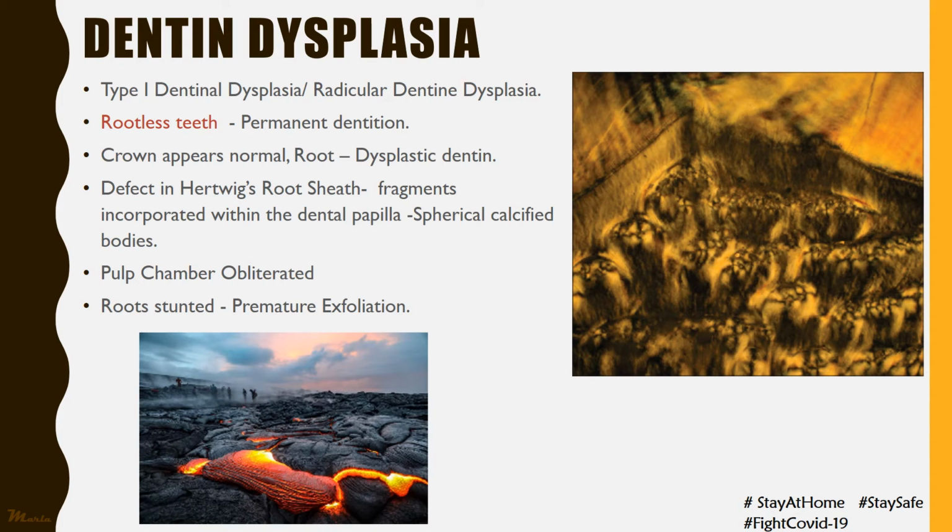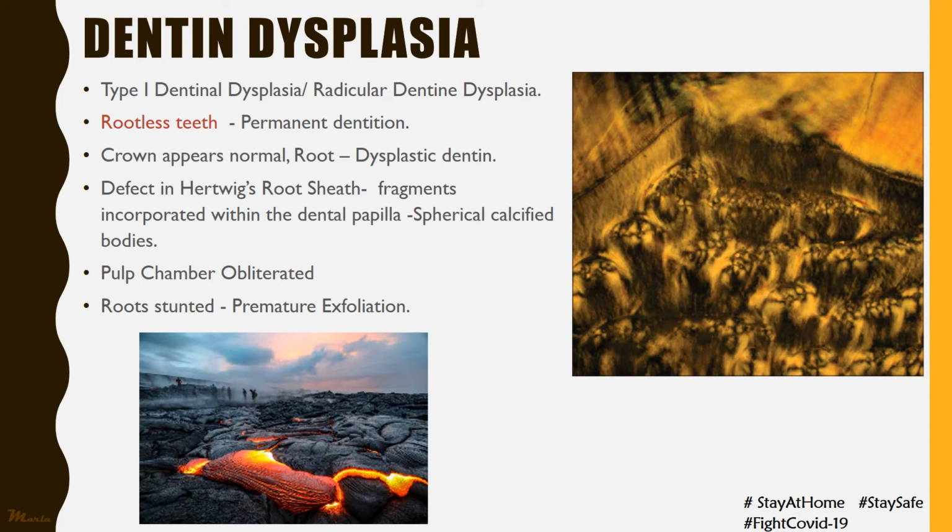The picture on the right hand side shows a ground section of a tooth with dentin dysplasia. If you can see here, this is the enamel. A thin layer of mantle dentin, which appears normal due to the presence of dentinal tubules, can be seen. However, further formed dentin shows numerous globular calcified areas.